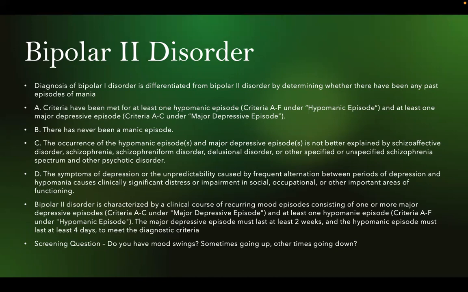A hospitalization is not necessary for bipolar 2. Again, if the person does need hospitalization, they would meet criteria for bipolar 1 disorder, because likely the symptoms would be more than what would be needed for hypomania, and it would be a manic episode.